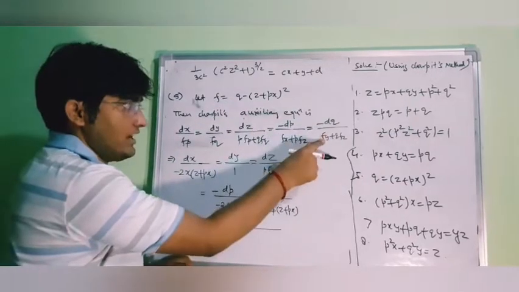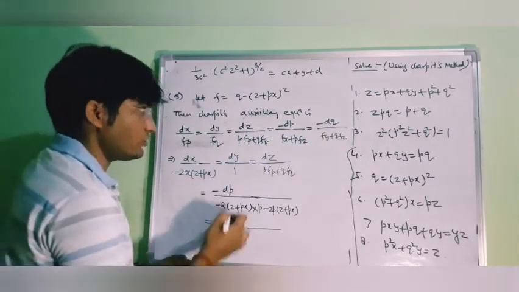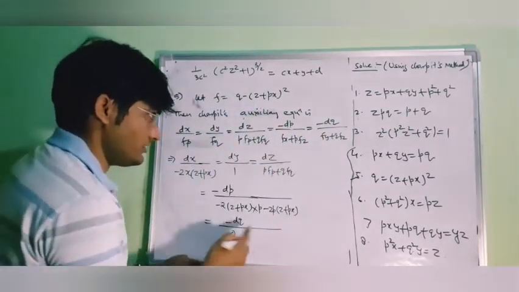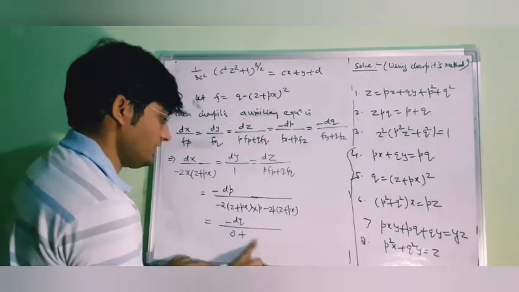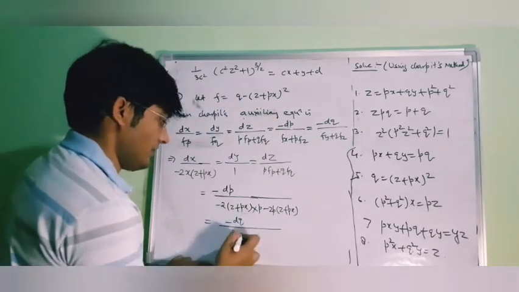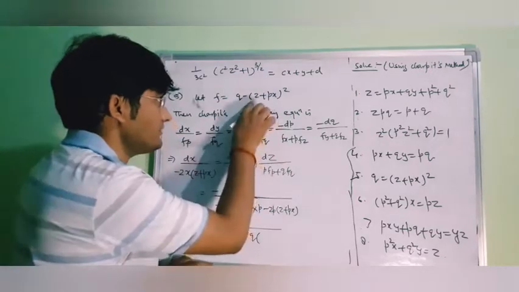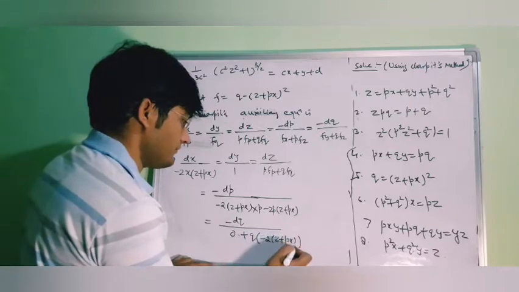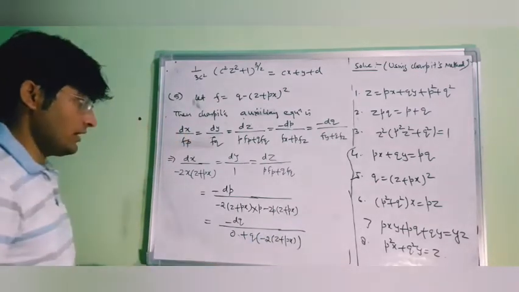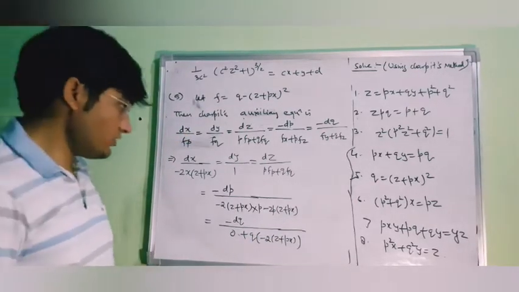Now as fy is 0, because there is no term of y, plus q times fz. Now fz will be minus 2 times z plus px. Okay, this is your Charpit's auxiliary equation.